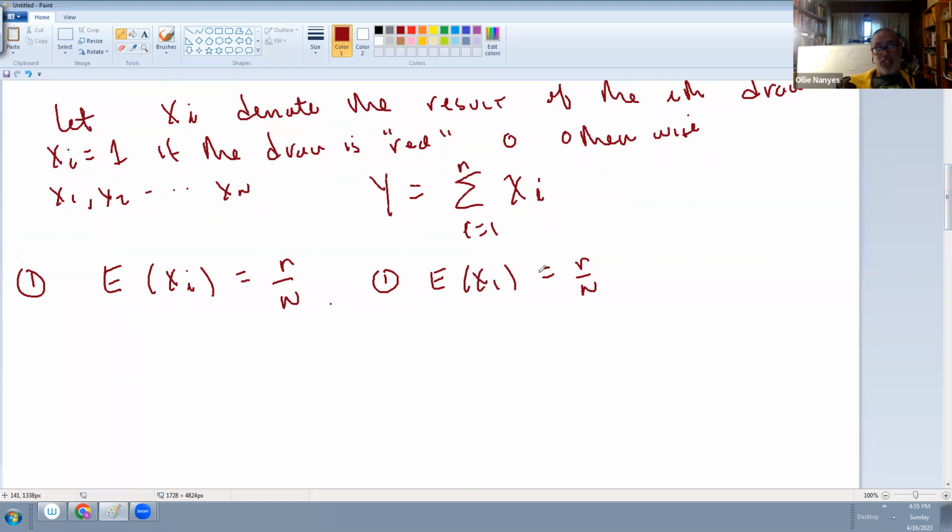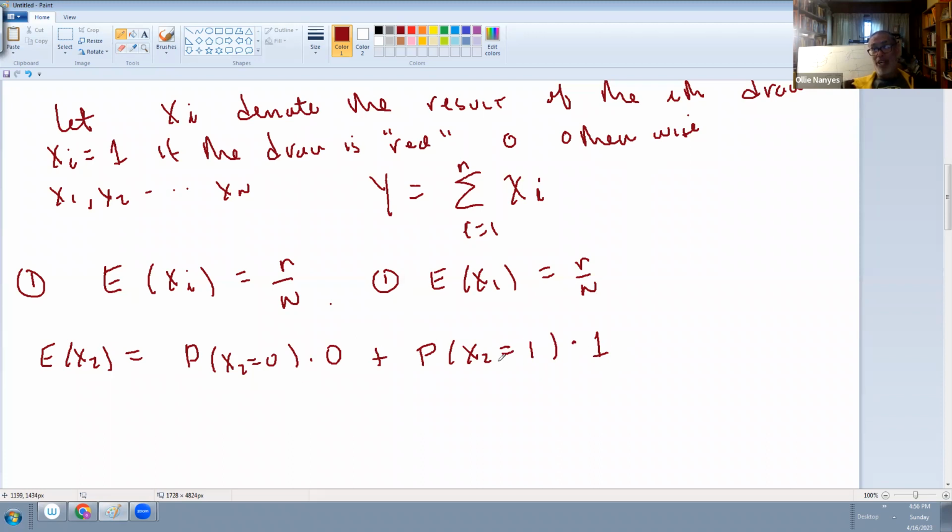To show the induction, let's look at the expectation of x2. Well, it's going to be the probability that x2 equals 0 times 0, plus the probability of x2 equaling 1 times 1.